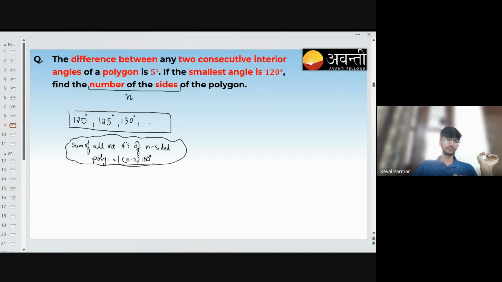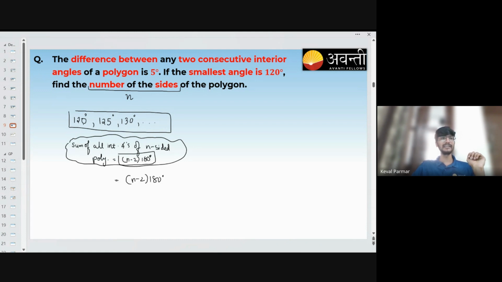I think you should remember or you should know this formula. Basically, we teach this when we teach trigonometry, when we teach radians and all that. So here we already have n minus 2 into 180.